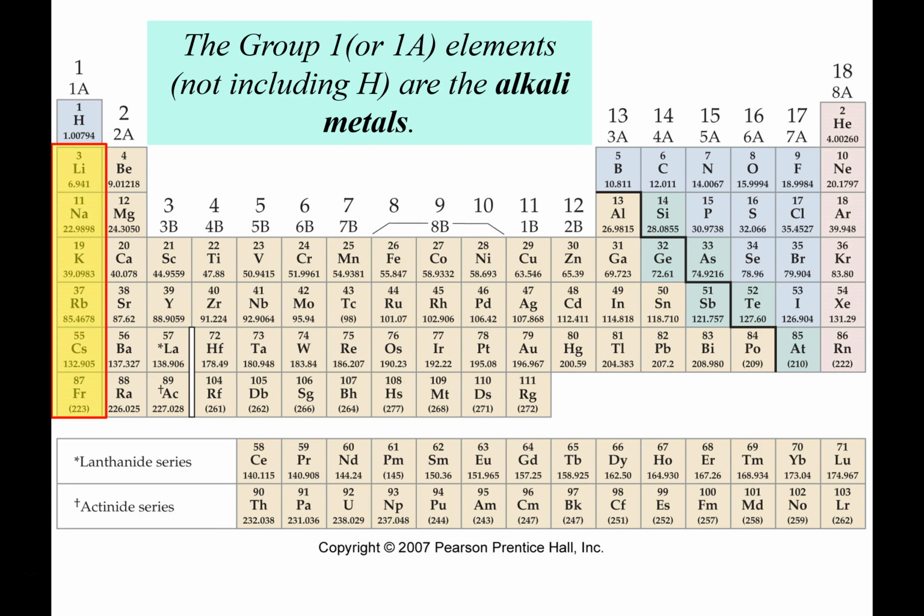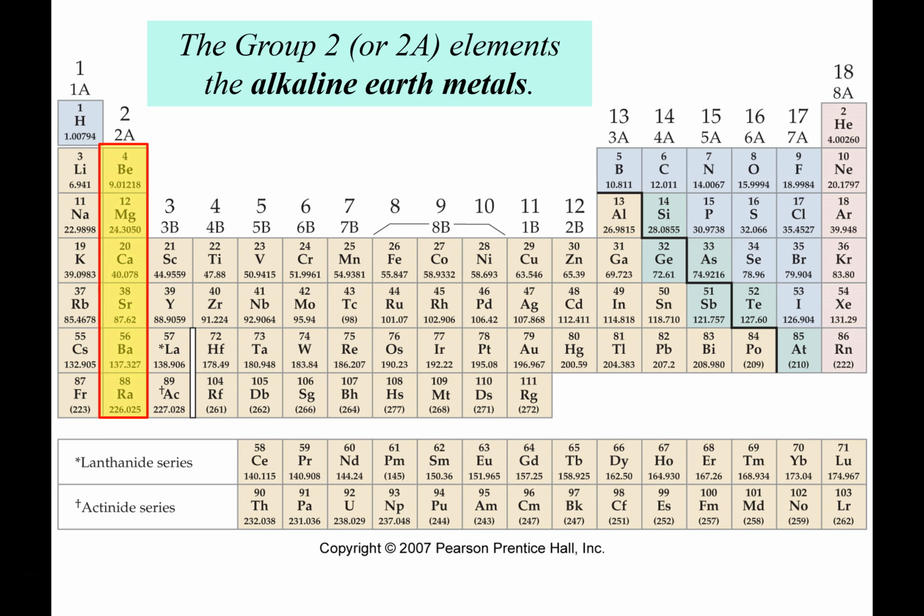The next one you also need to know the name of. They're called the alkaline earth metals. So we have alkali with no N, alkali metals, and then alkaline earth metals. I sometimes get those mixed up, and I think 2A, which is what these are, the name is longer. So it's alkaline earth instead of alkali.